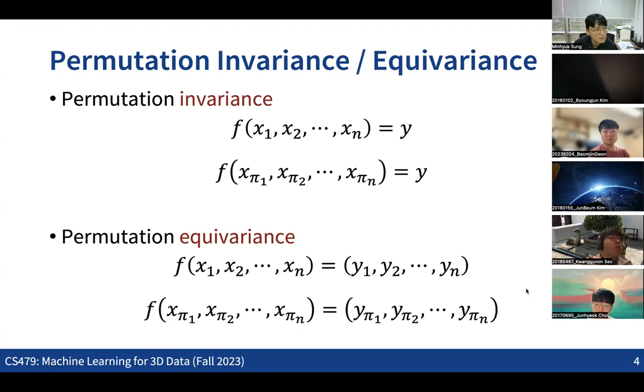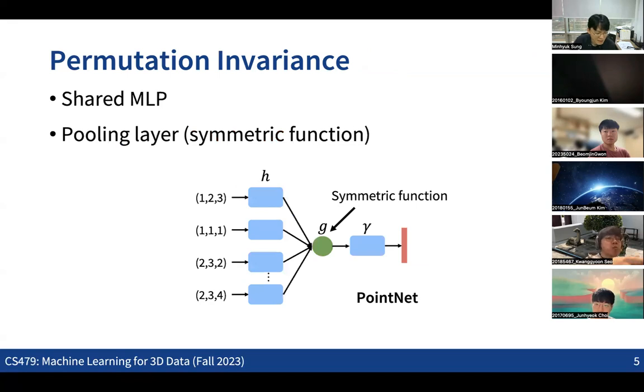To achieve these two things, permutation invariance and equivariance, what we did in the design of PointNet was using the shared MLP and also using the pooling layer, a symmetric function. Here the idea was that we treat each point as independent data, and after processing them, we aggregate all this information using a symmetric function, like the max function, so that we get the same outputs without taking any ordered information for the points.